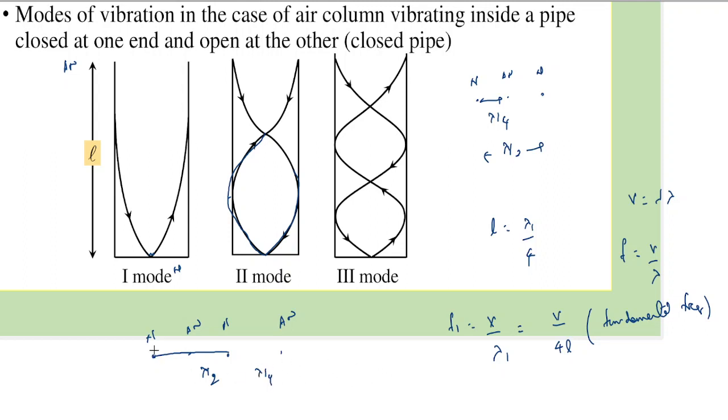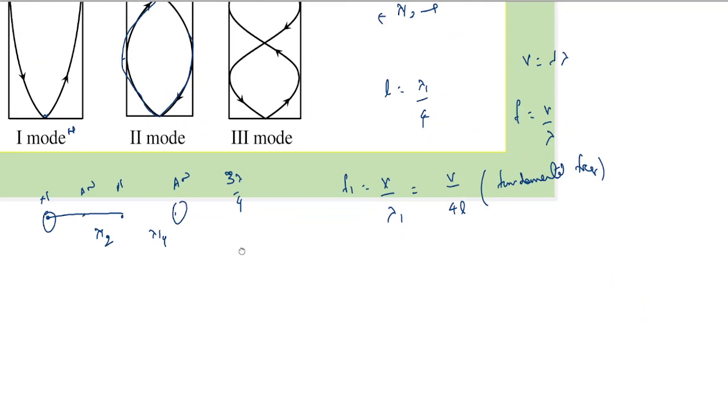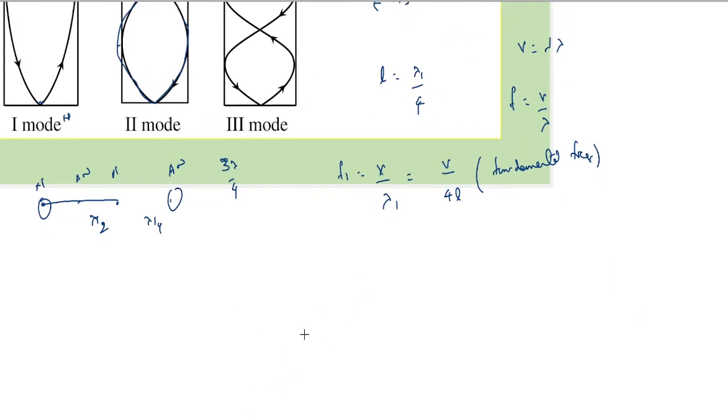The distance between this node and this antinode would be 3 lambda by 4. The wavelength will be different in this case compared to the previous case. The length L of the tube contains 3/4 of this different wavelength, which implies lambda is 4L by 3.